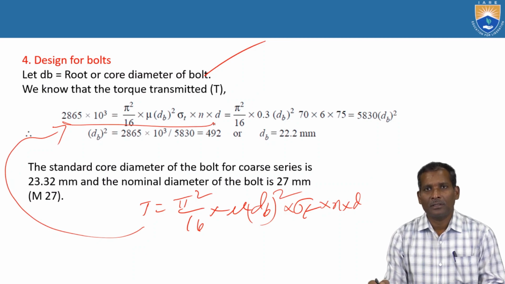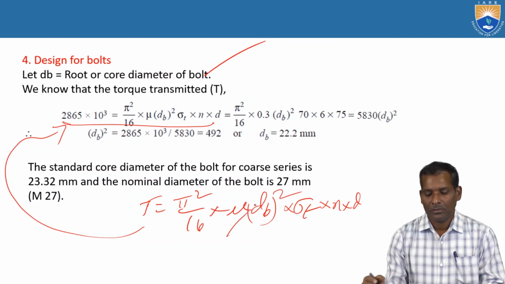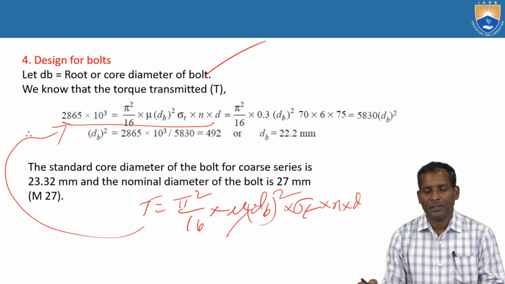Now substitute the calculated values. T you already know: 2865 into 10 cubed, equal to pi squared by 16, the mu value, the coefficient of friction, and the root or core diameter of the bolt dB.